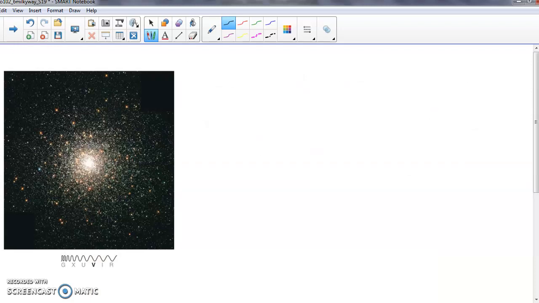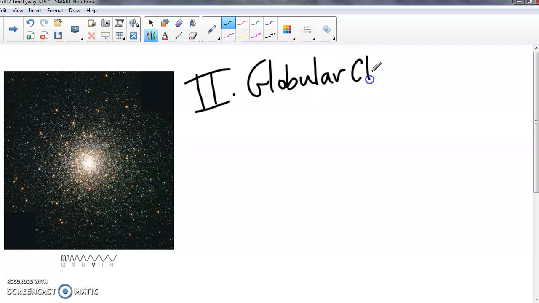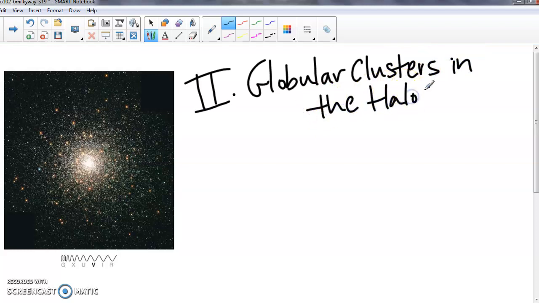So what in the world is a globular cluster and why are they important? Why do we care? Globular clusters is our next topic. Globular clusters in the halo. And this is just the regular halo, right? So we have a definition to start us out.